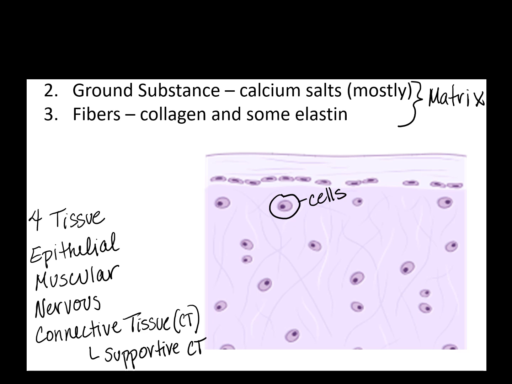Bone is rich in collagen fibers for strength. However, there are some elastin fibers that give bones their ability to twist and resist forces. Both the ground substance calcium salts and the fibers together are what we would call the matrix.